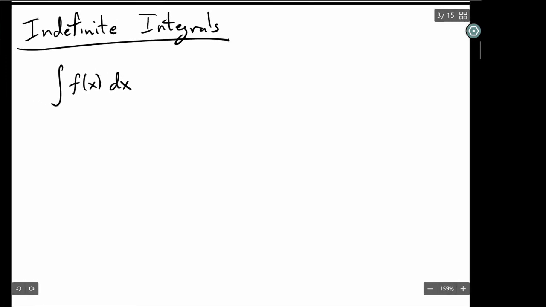Right? Now, this dx is just notation at the moment. We'll talk about soon what this really needs to mean, but it is important that this be here. You cannot leave off this dx. This must be here. Okay? So when we write this, then, this is F of x plus c.